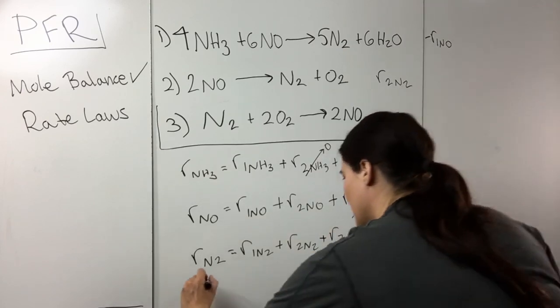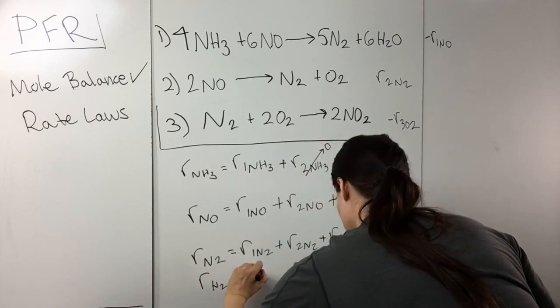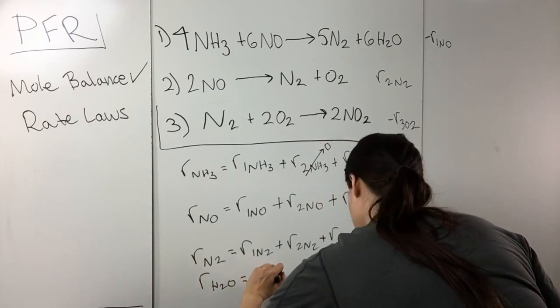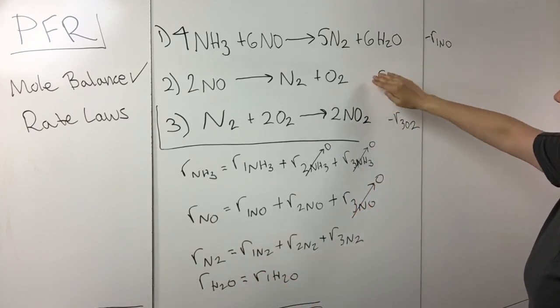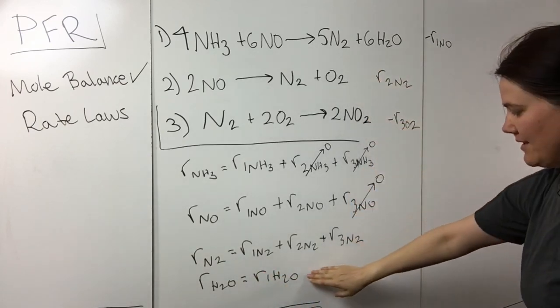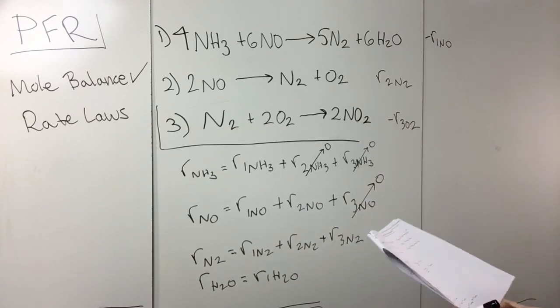And then RH2O is equal to R1 H2O, because we only have water in the first reaction. You just continue doing that with all of these.